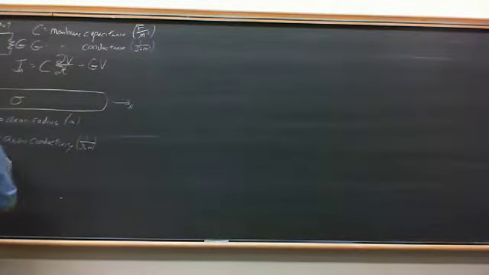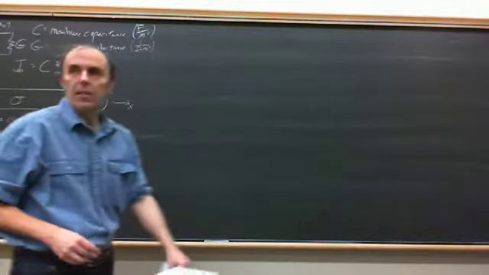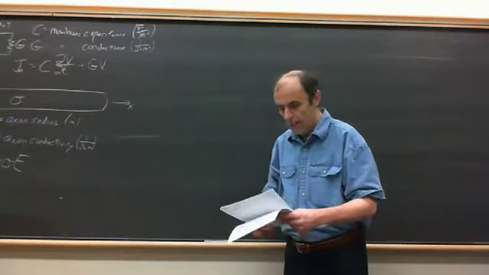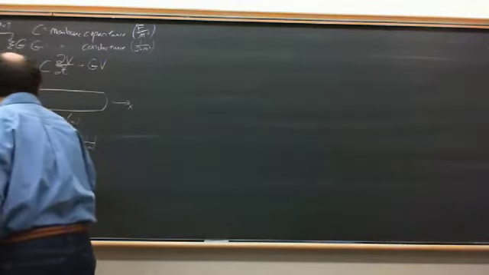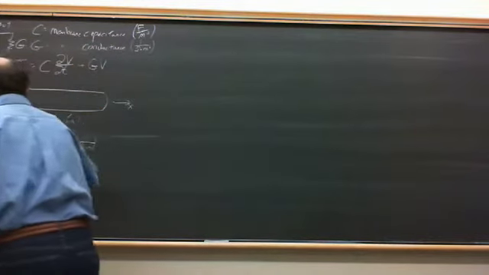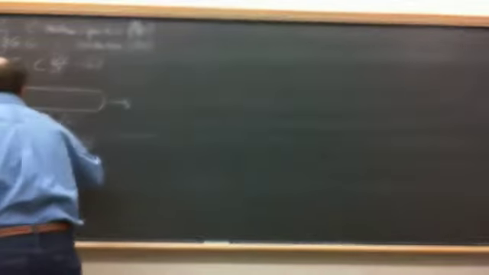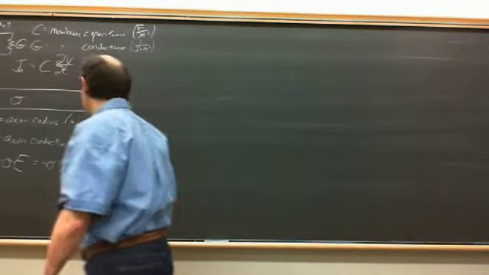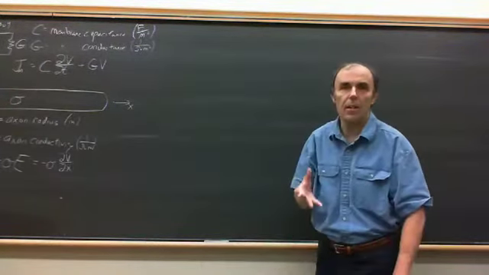And that's just going to be sigma times the electric field inside the axon. And the electric field inside the axon is just going to be minus the voltage gradient, or minus the derivative of the voltage. So you get minus sigma dV/dx. So the intracellular current depends on voltage gradients.